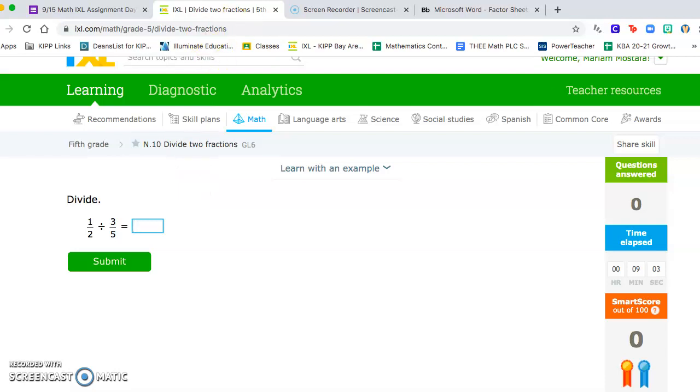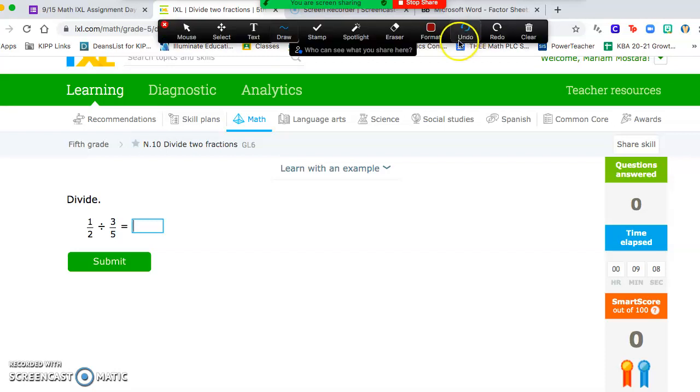Alright, so for your last skill, you are dividing fractions, and this is just for review. Remember, whenever we divide fractions, we keep the first number, change to multiplication. So we keep the first number, so for this example, it would be 1/2.